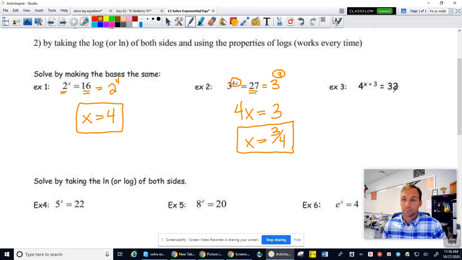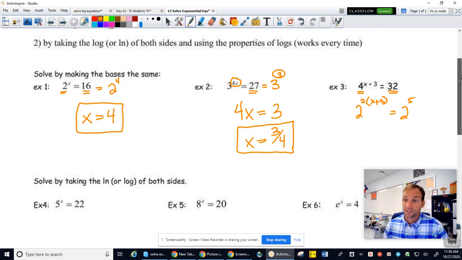Our last example: 32 and 4, well, we can't write 32 as 4 to some power. So we have to find another way to represent 4 and 32 with the same bases. It turns out that they can be done with base 2. So 2 squared is 4, and we still have the x plus 3 exponent, and 2 to the 5th is 32.